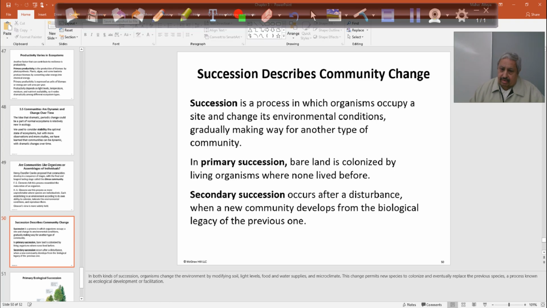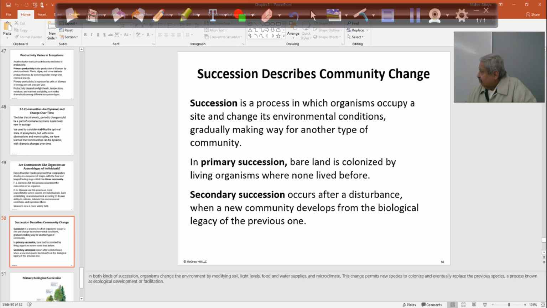So the secondary type occurs after a disturbance, when a new community develops from the biological legacy of the previous one, correct? So the first one is where the whole species died out for some reason, by disease, by mishap, by any catastrophic event.